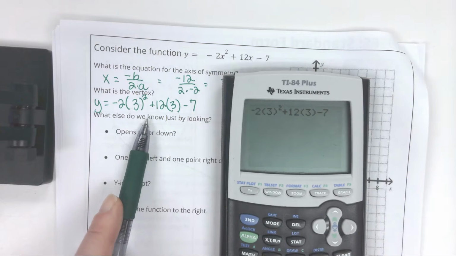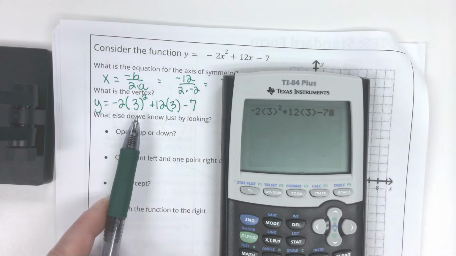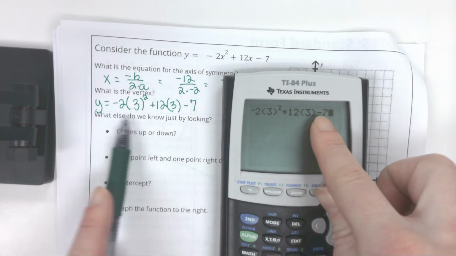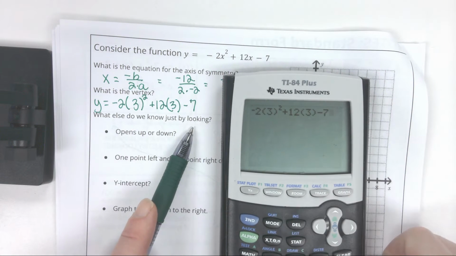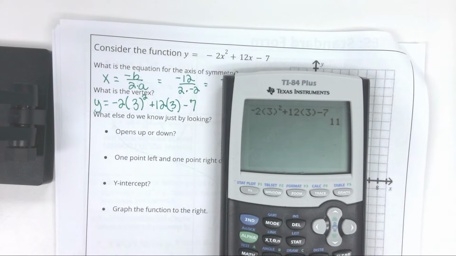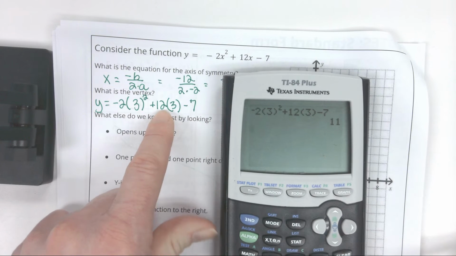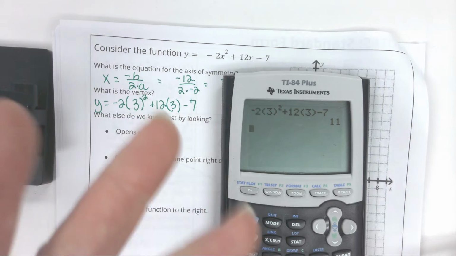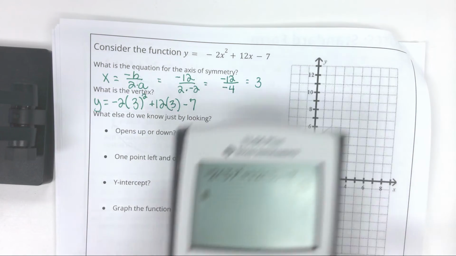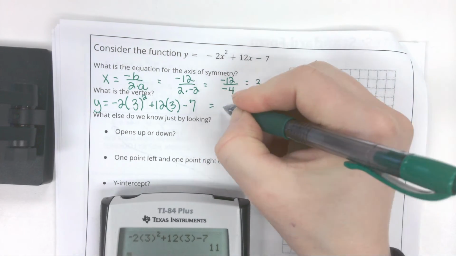And that's going to cut down on some of your errors. Do you see how I just typed this in exactly like I see it here? You get 11. Now, if you did this by hand, it would be negative 2 times 9, negative 18, plus 36, minus 7. It's still 11. But I'm just trying to show you some ways you can cut down on your errors.